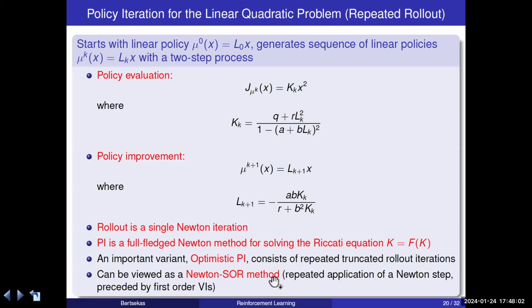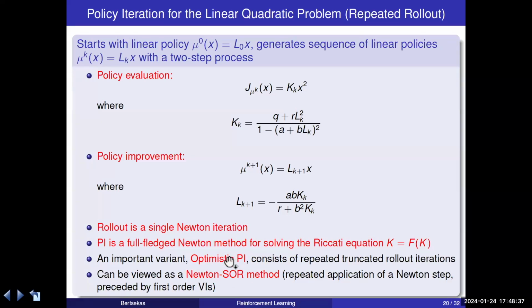A Newton SOR method for solving equations consists of a repeated application of a Newton step, but each Newton step is preceded by first-order iterations like value iterations. So do a number of value iterations and then a Newton step, a number of value iterations and a Newton step. That's the essence of this optimistic policy iteration. And it's an important method within the context of reinforcement learning, because very often we cannot do rollout exactly. We have to deal with approximations.